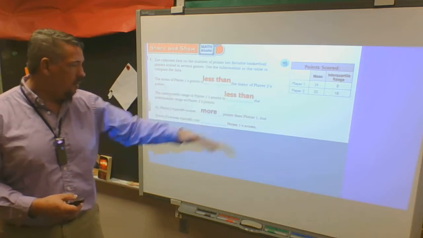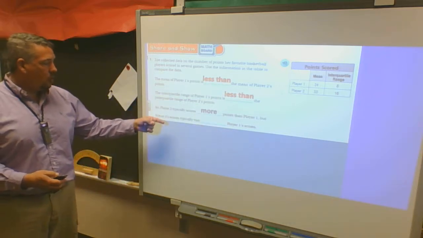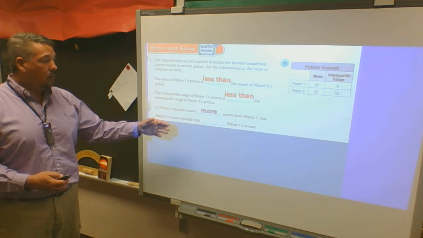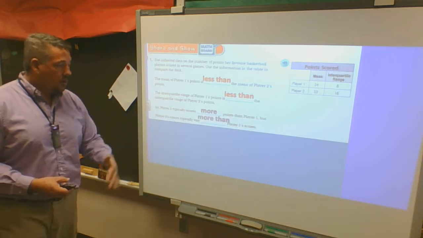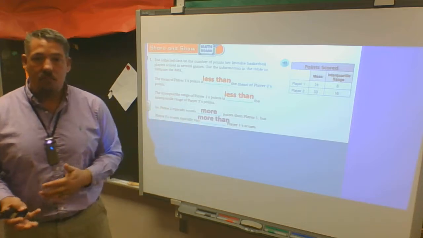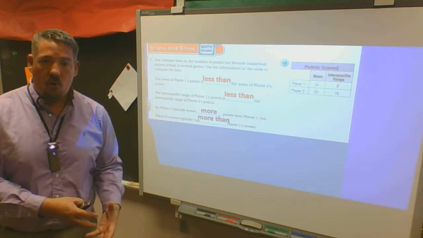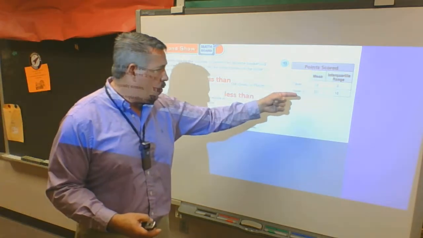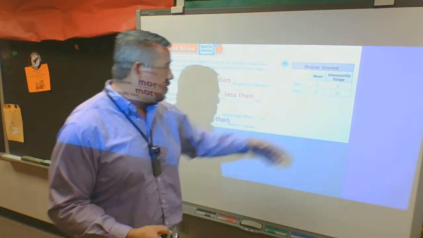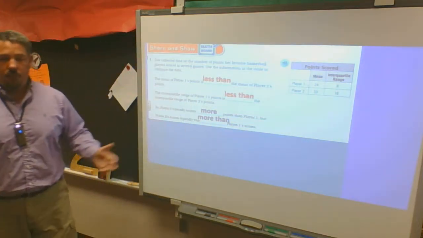Because that's our mean. But player 2's scores typically vary more than player 1. So what that tells me is when it comes to being a reliable scorer, they score more, but how they score is very different.